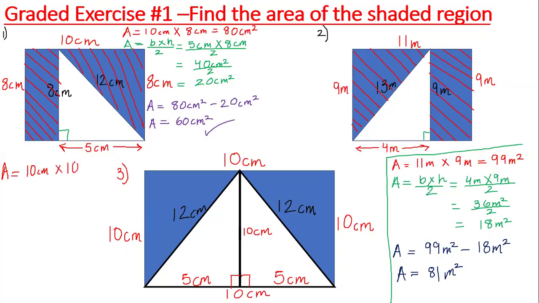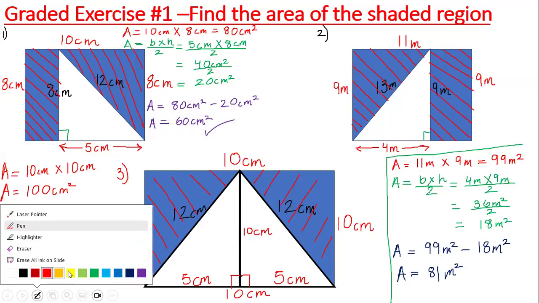So the area of the rectangle is 100 centimeters squared. Oh, I didn't even do the shaded part of this. My bad. So it's going to be what? 100 what? Centimeters. 100 centimeters squared. Very good. Then that's for the area of the rectangle.